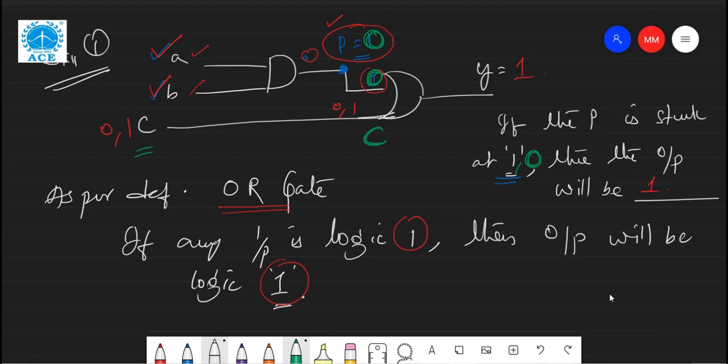So whenever you have 0, the output will be C, the second input. So if it is 0, then the output will be 0, if it is 1, then the output will be 1, okay. Got my point, right? Yes.